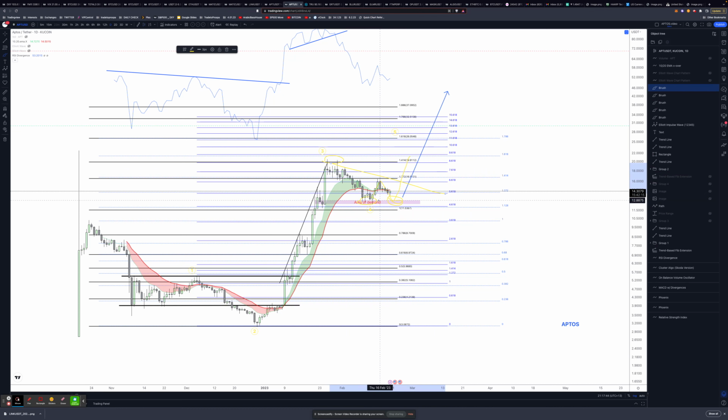And then we can probably look for another pullback and then back. So this might range a fair bit and then go up. This is a fair bit of a range that we might stay in for a while, and looking good. But don't expect anything quick there.